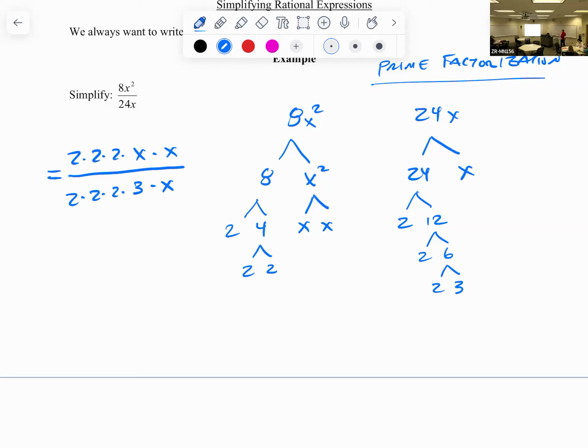Now, I could also just say 8 divided by 24 is what fraction? 1/3. If you can just see that, that's absolutely fine. When it starts to get to numbers like 72 divided by 224, this is the best method. And then just cancel it down. An x and an x cancel, and the 2s cancel.